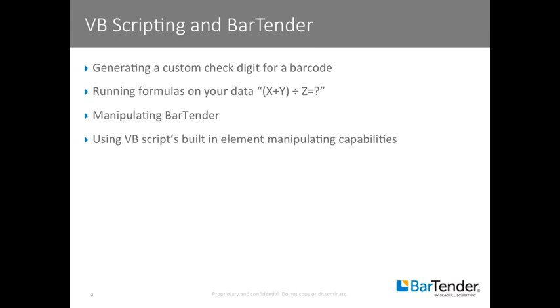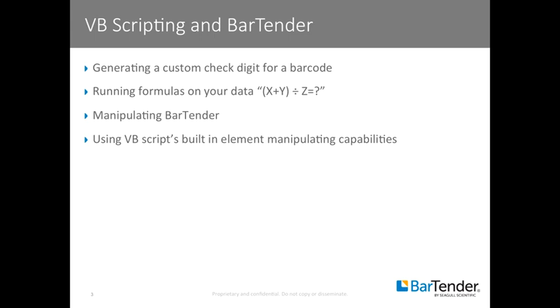So here are some examples of how a VB script can enhance your label or add the required behavior. You can generate check digits. This can be done using one of BarTender's built-in check digit generators, or perhaps you need to generate a custom check digit, which ties into the fact that you're able to run formulas or expressions on your data. You can also control the objects on your BarTender label.